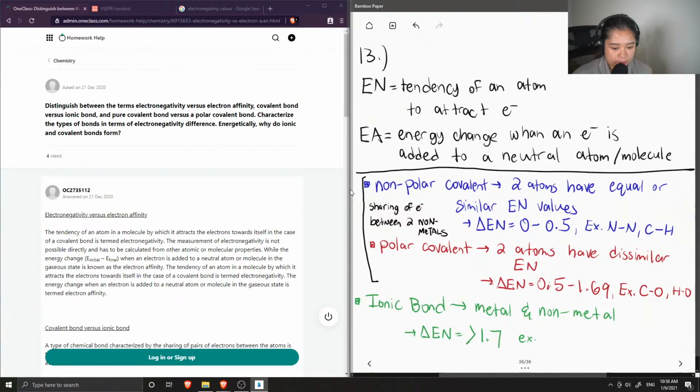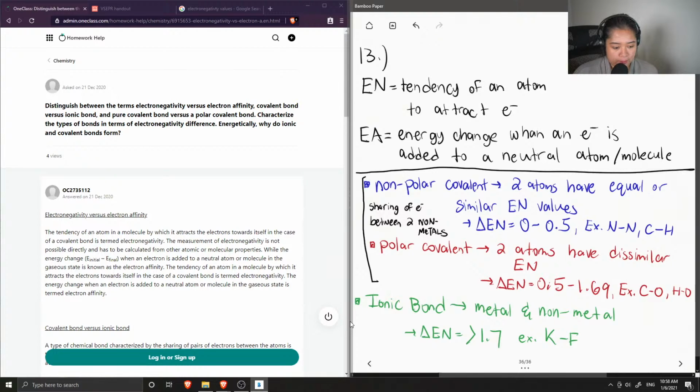So an example would be potassium fluoride. For ionic bonds, this is when a metal would give one of its electrons to a nonmetal. So you're not sharing the electrons to form the bond.